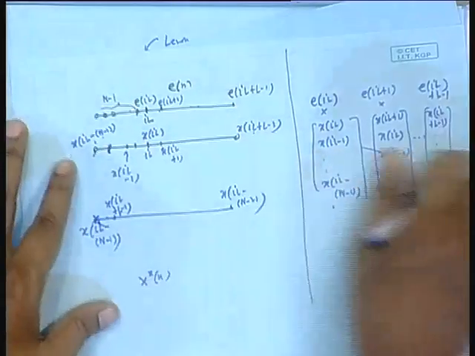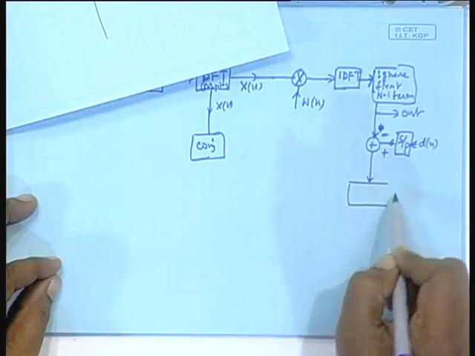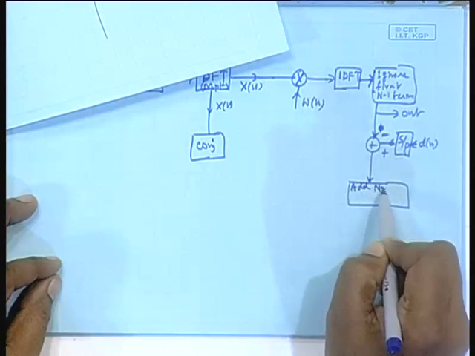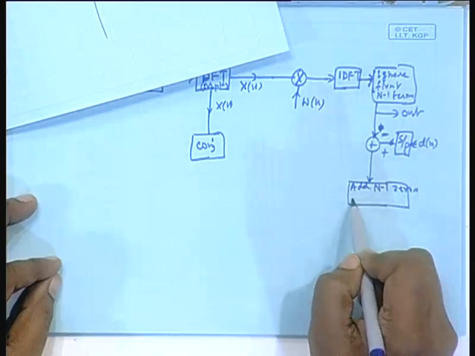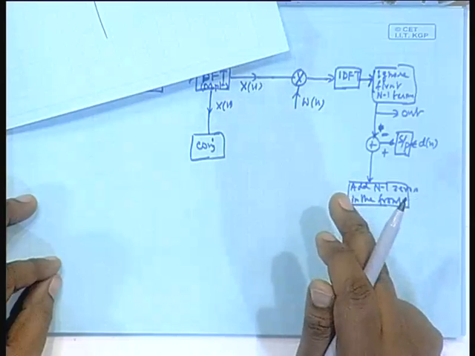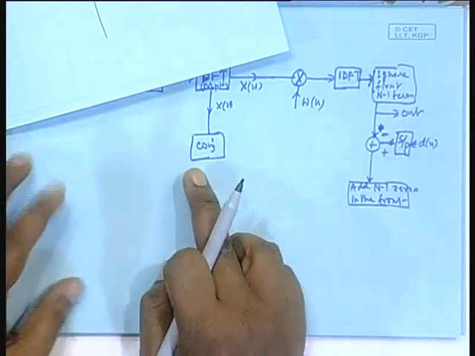I have to now add extra zeros. How many? n minus 1 zeros in the beginning. So, add n minus 1 zeros in the front. So, again length is L plus n minus 1, equal to m here, this is m point.